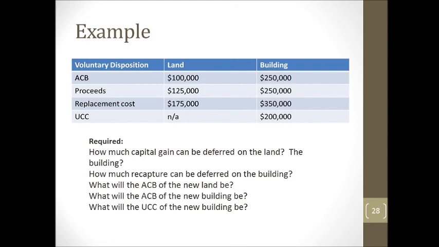Now, if you haven't read through Chapter 8 yet, in particular the replacement property rules, do so now. There are some really good examples that will guide you through the application of these rules. Pause the lecture now to read through the replacement property rules in Chapter 8 and to also complete this practice exercise on the slide here before continuing on to the solution on the next slide.